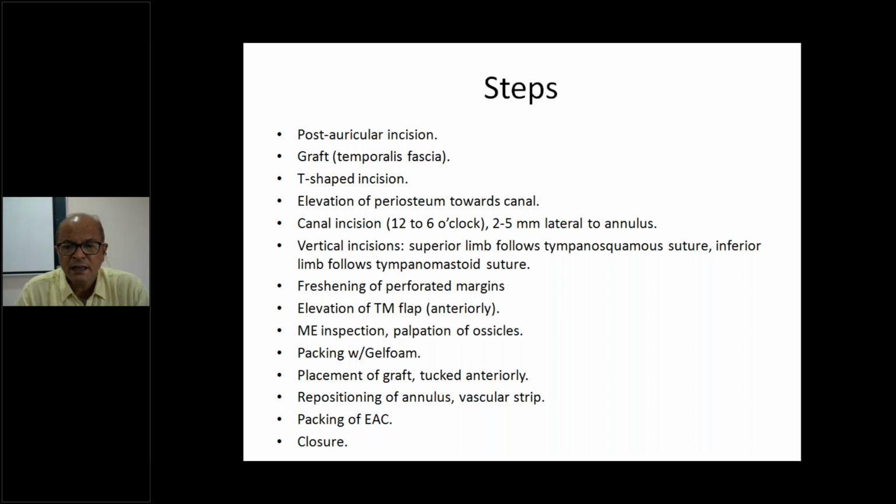And then after the pinna goes anteriorly, you apply the Mollison's mastoid retractor. Then you bring in the microscope and adjust it according to your interpupillary distance, the IPD.